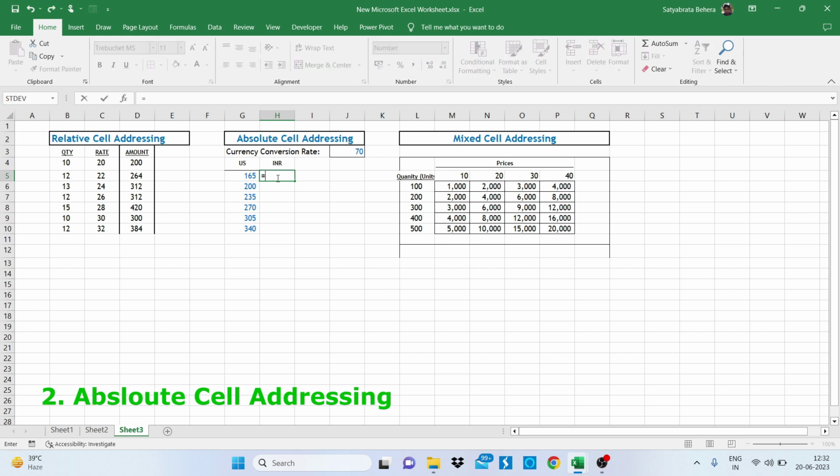We can do it like this: equals G5 cross J3, but across all the values of different US dollar amounts we will fix the currency conversion rate. So we will use the dollar symbol.